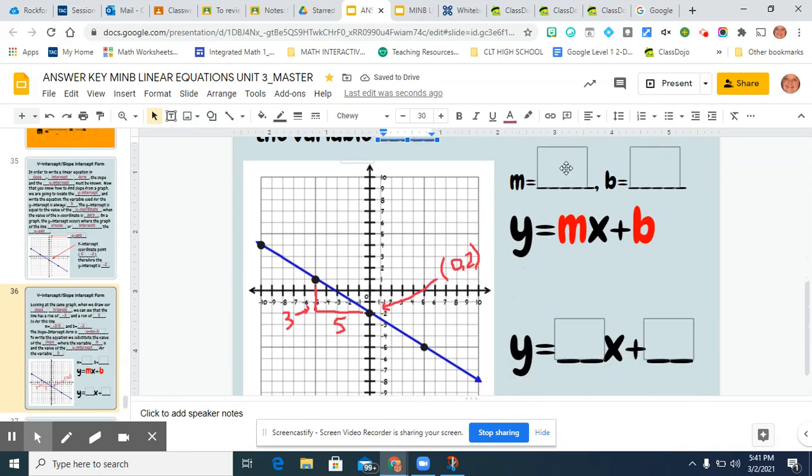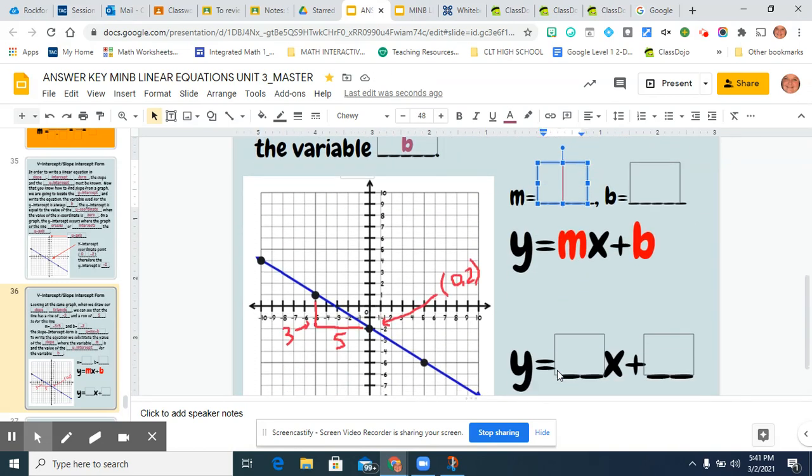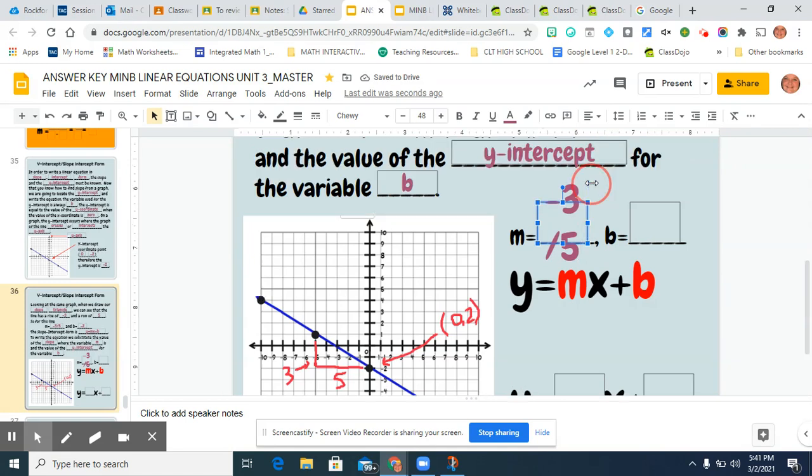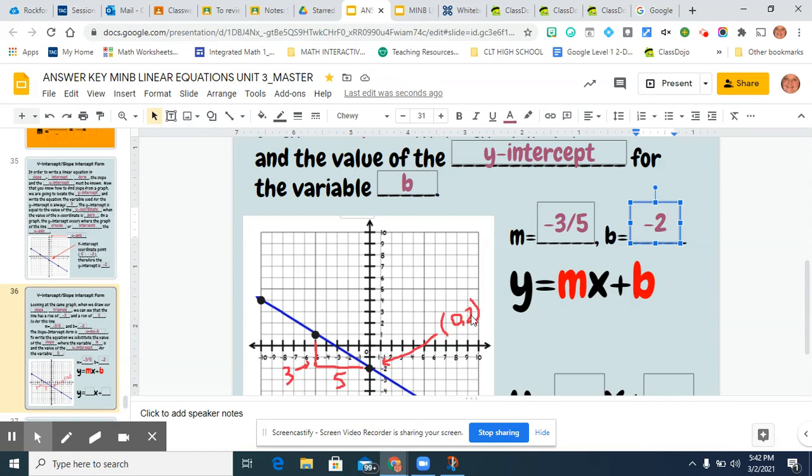To reiterate with the same graph, we determined that m is -3/5, and b is -2. I'll correct that, you can't see the negative on my 2 there, but it's -2.